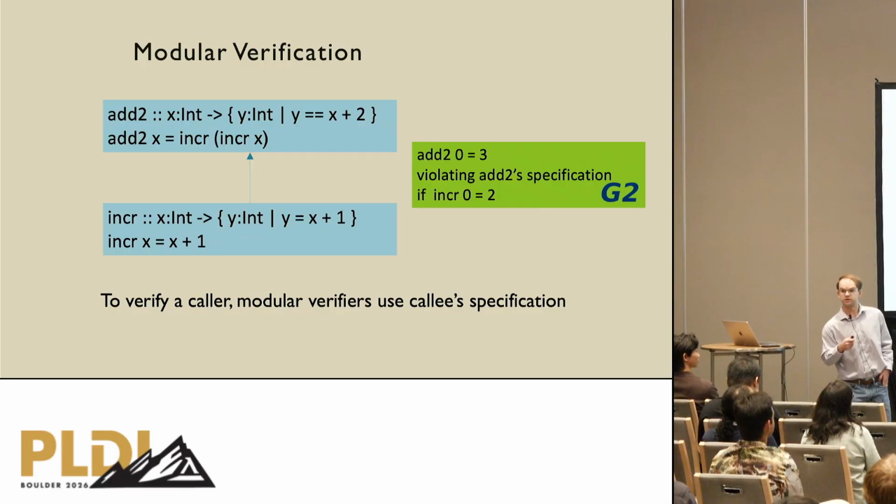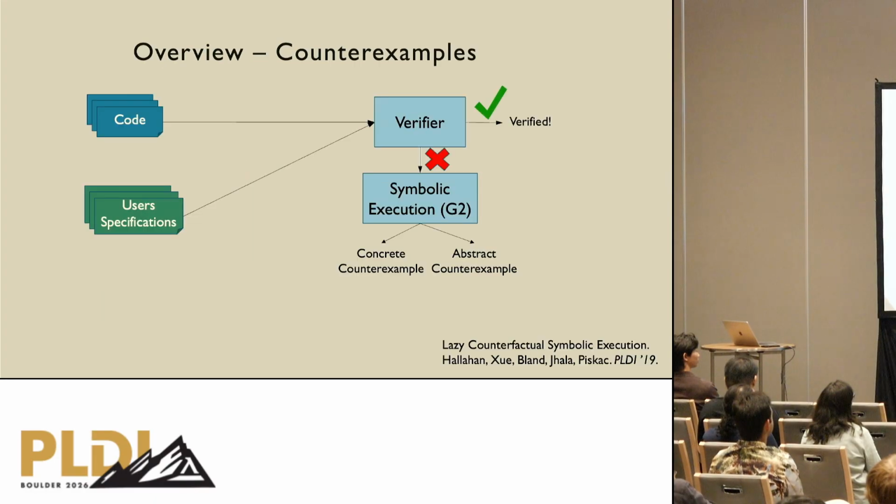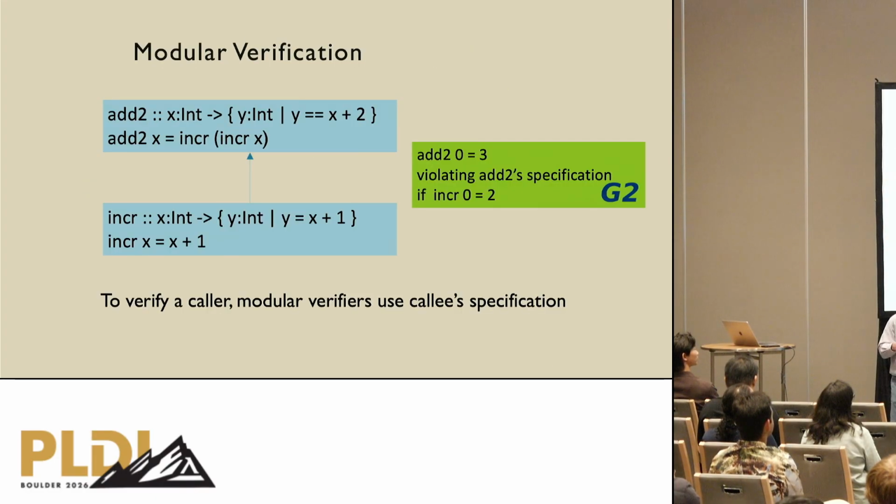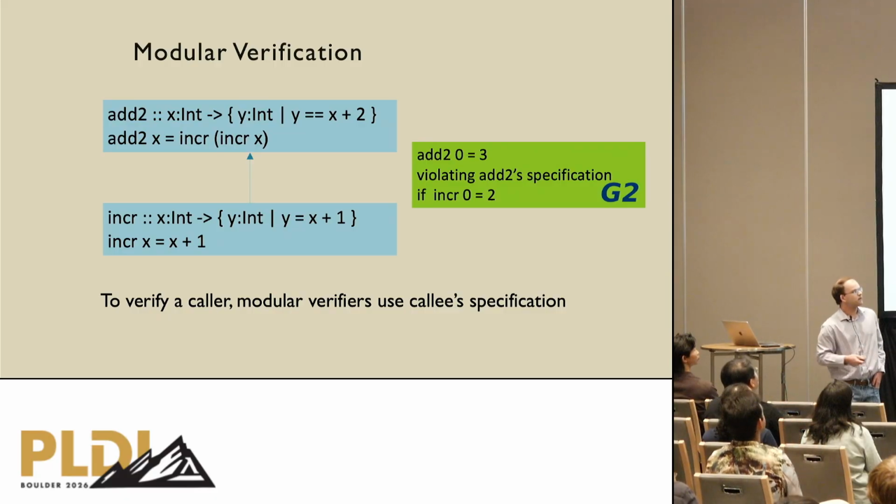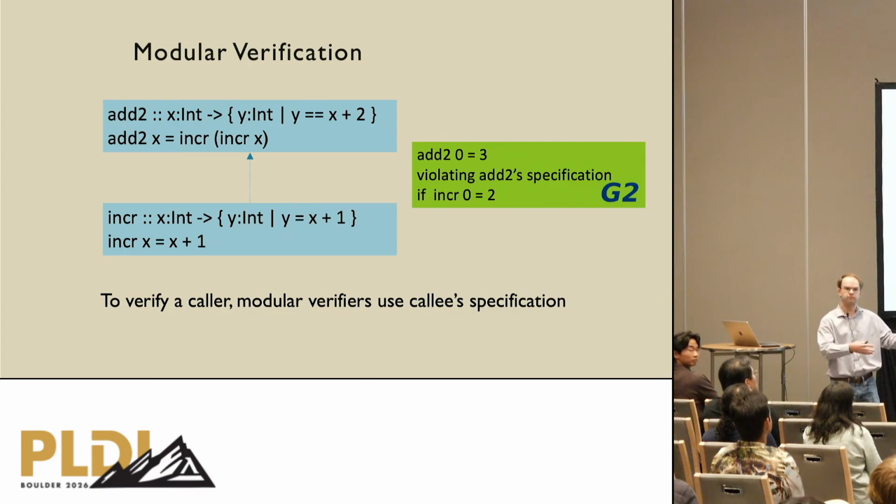Infer of 0 does not equal 2, but infer of 0 equals 2 is consistent with the specification on infer, where the output is greater than the input. And it violates the specification of add 2 if infer of 0 equals 2. So the way to fix this is to make the specification on infer stronger to rule out this kind of bad possibility of input and output, which is done by saying that the output is exactly the input plus 1.